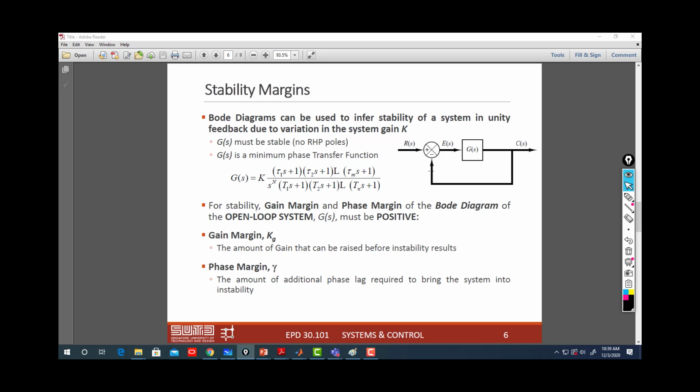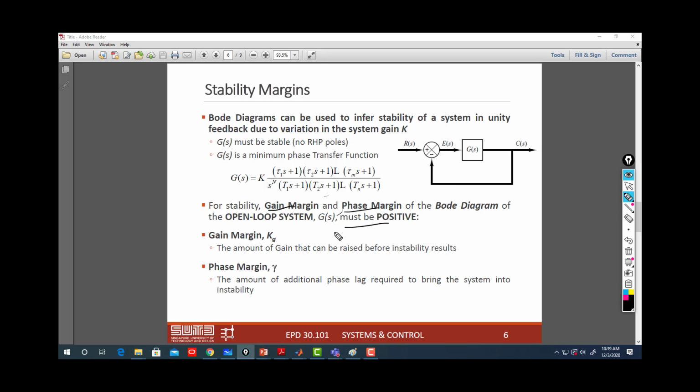You have another interpretation, which is the stability margin. From looking at the Bode plot, we can know the stability margin. And here is the definition. For stability, the gain margin and phase margin of the Bode diagram must be positive. So here I'm saying and, not or.